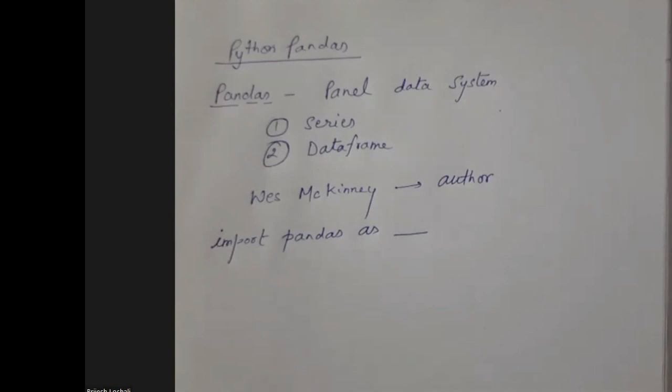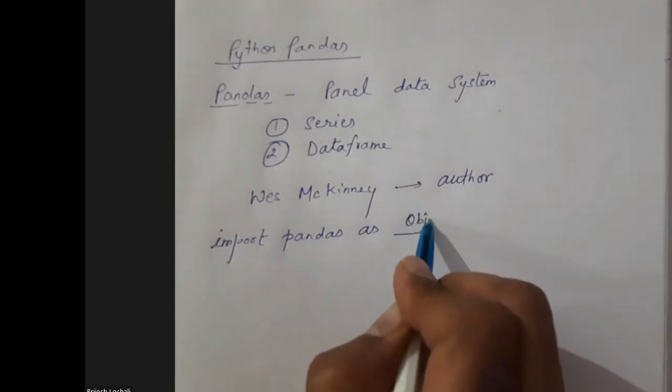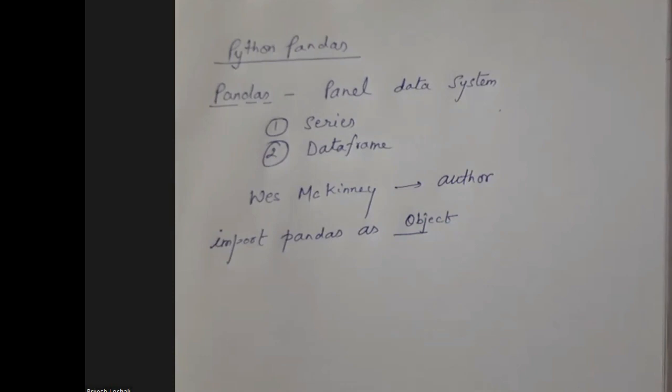If you want to use any feature of the Pandas library, you need to import it at the top of the code. You write import pandas as, and this is the object name, which could be anything. Popularly, in most books they use pd. It does not matter, you can take x, y, z, any valid identifier here.